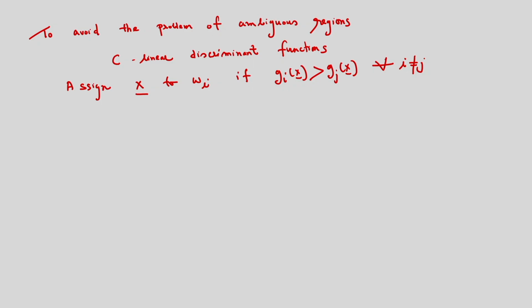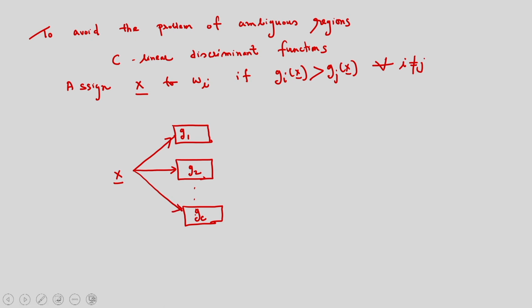So what is the linear machine? The linear machine I can consider like this: x is my input feature vector, and corresponding to this I determine the discriminant functions g1, g2, all these discriminant functions, up to gC, so C number of discriminant functions, and out of these we have to select the maximum one. Which one is maximum?